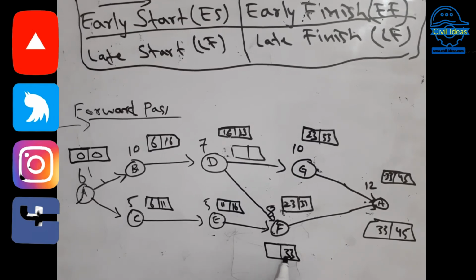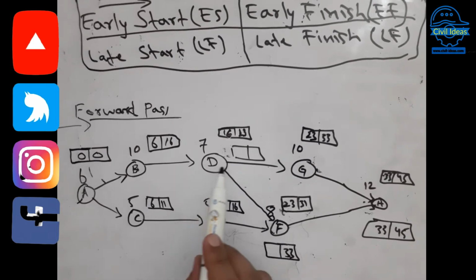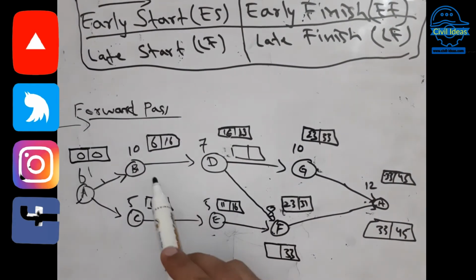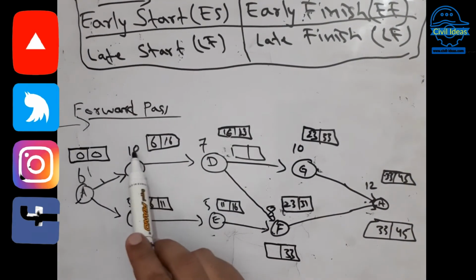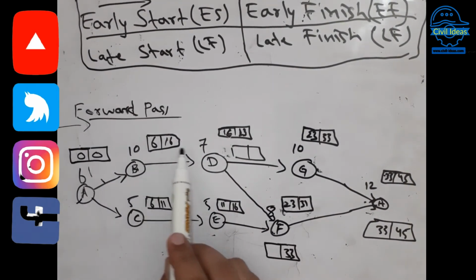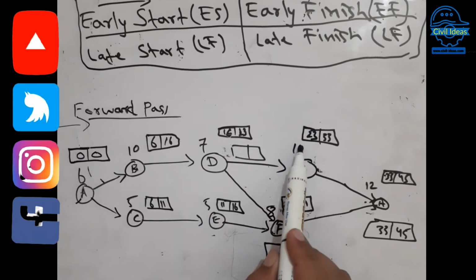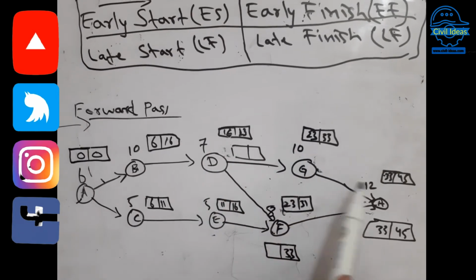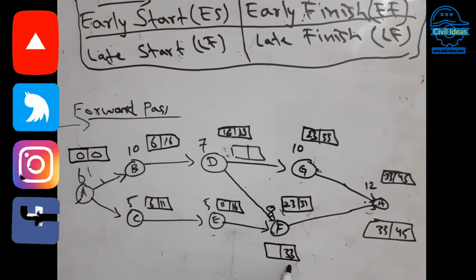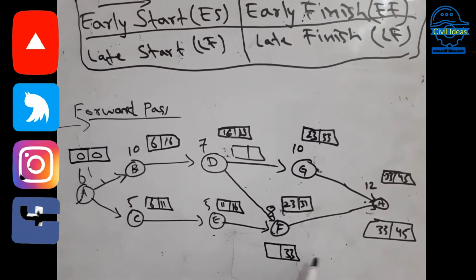Here you take the late start of the end activity, 33, and 33 minus 8. In a forward pass you add the values: 10 plus 6 is 16, 7 plus 16 is 23, 10 plus 23 is 33. But in the backward pass you subtract the durations from the late start of the successor activities.